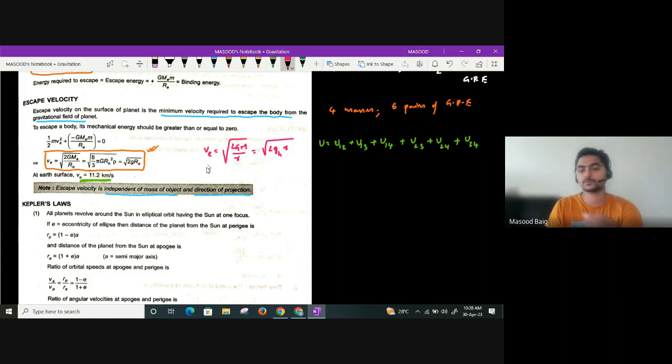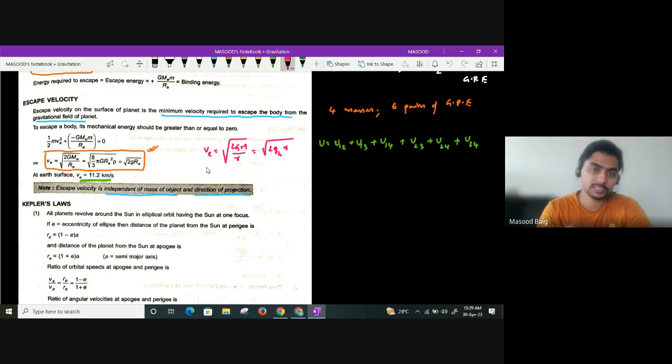So what is escape speed? Whatever speed has to be given. It can be given from the surface, it can be given from any point, guys. Whatever speed has to be given in order for the object to escape from the gravitational pull of the earth or the planet is called escape speed. From the surface of the earth, if you want to escape, it is root over 2GM divided by R, or root over 2 small g into capital R, which is 11.2 kilometer per second. And escape speed doesn't depend on the direction of projection.